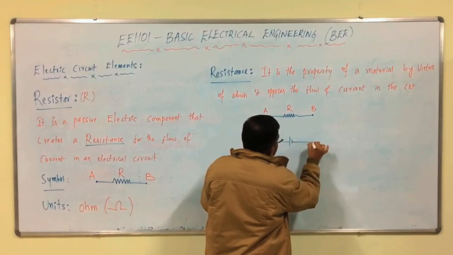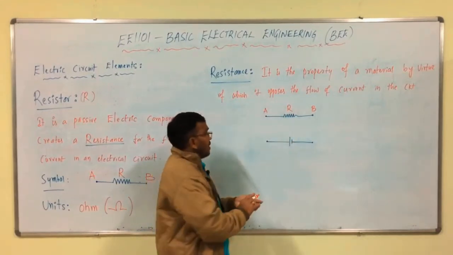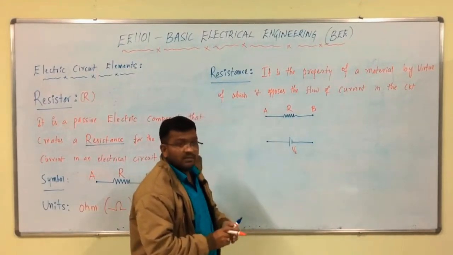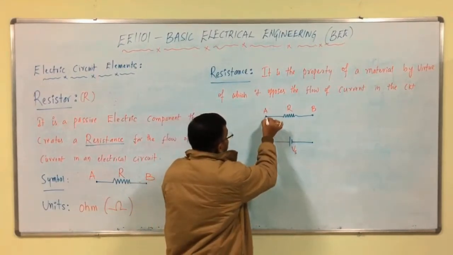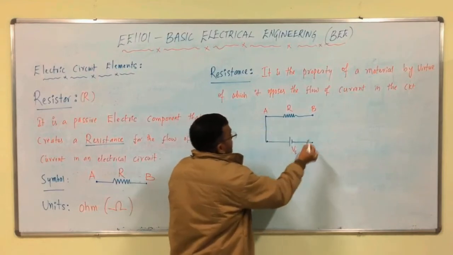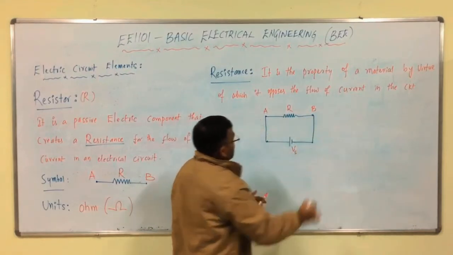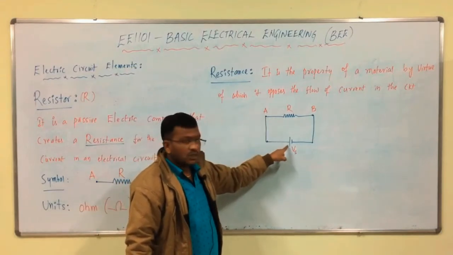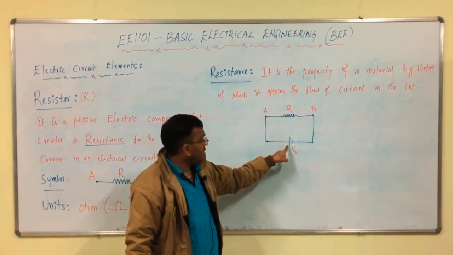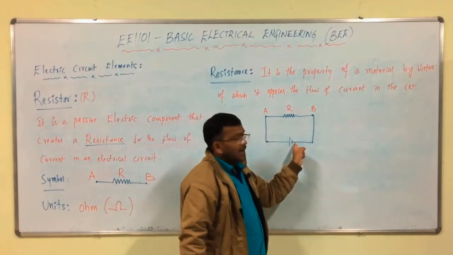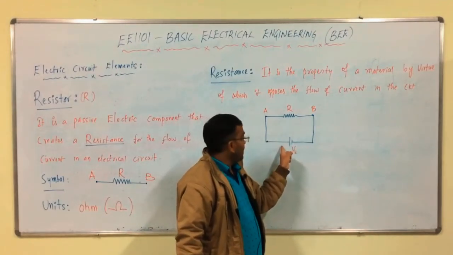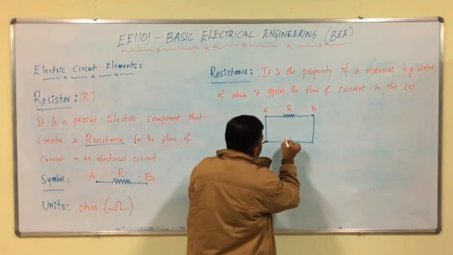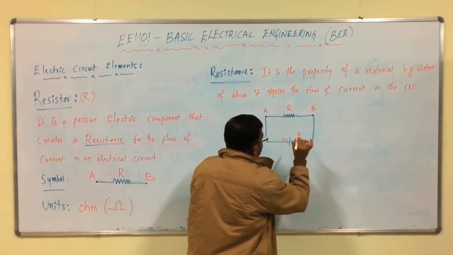So, I have a battery, I have a supply voltage. How do I make the current flow in the circuit? I simply connect this terminal to the positive supply and this terminal to the negative supply. This is positive, this is negative.